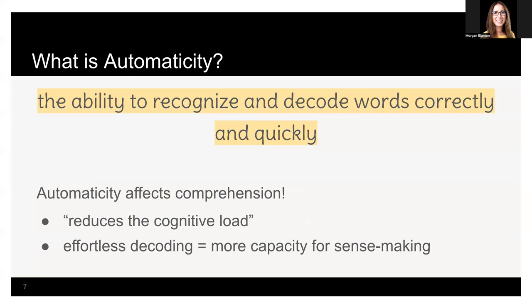And so because of that, your brain can focus on something else. So if you have effortless decoding, you do it with automaticity, you do it quickly and correctly, then your brain is going to have more capacity for sense making. So your brain is going to be able to focus more on making sense of the words and less on figuring out what the words actually are.